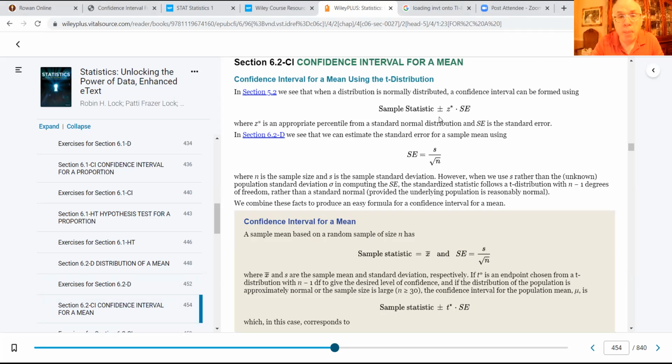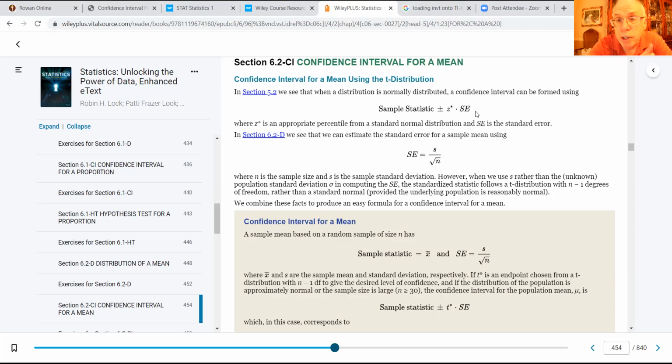Margin of error consists of two things, whether it's a proportion or a mean. There is what's called a critical value. That's the right endpoint of the confidence interval. Whatever that endpoint is, we're going to find it either using inverse normal or inverse t, depending on the circumstance. And then multiply that by the standard error.